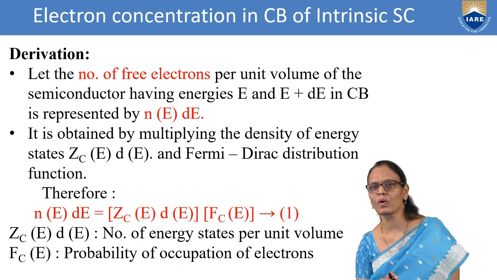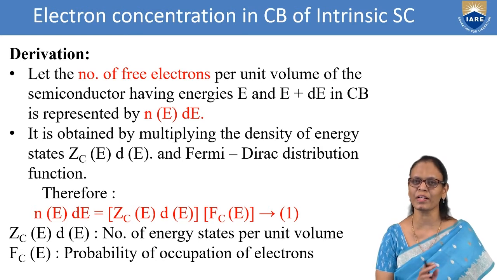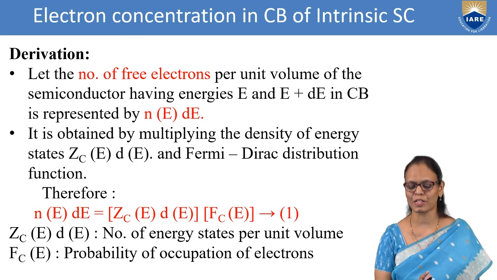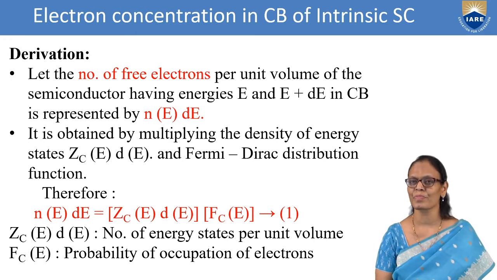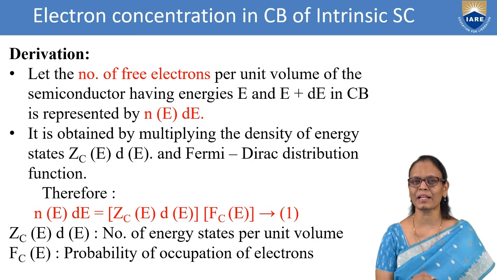Now, before I go into the derivation, let me give you a clear idea of why we are going to use these expressions. I will give you a simple practical example to understand this derivation very clearly. Suppose I want to count the number of students who are sitting in my class. Now I see the arrangement of tables.